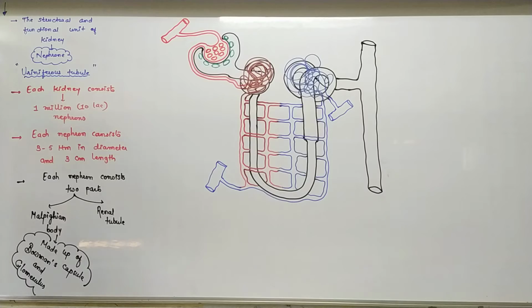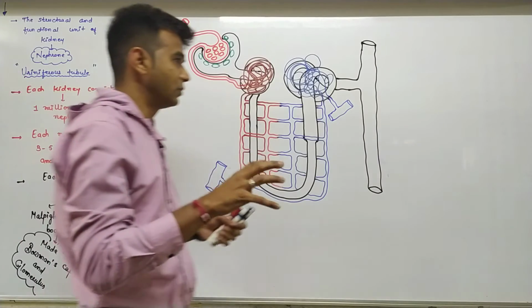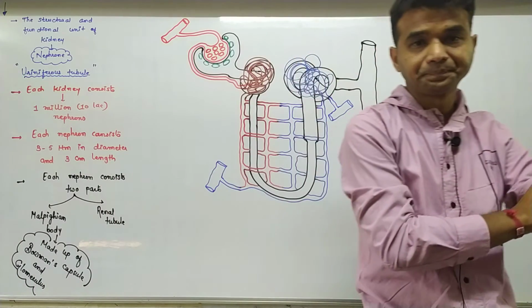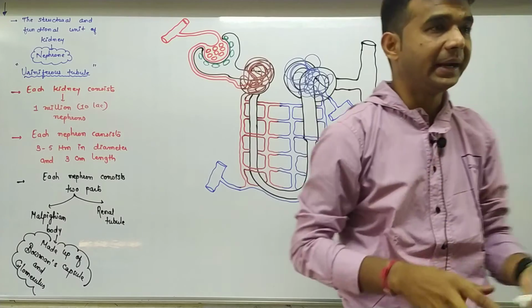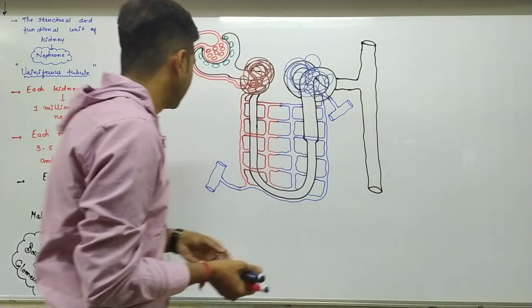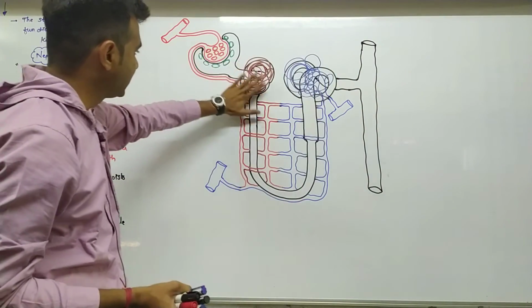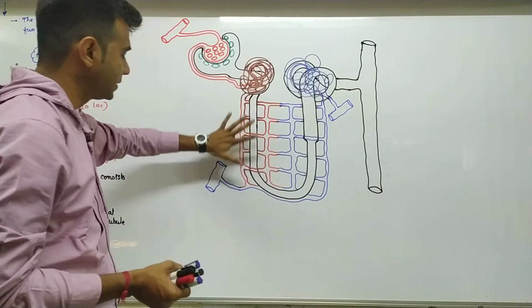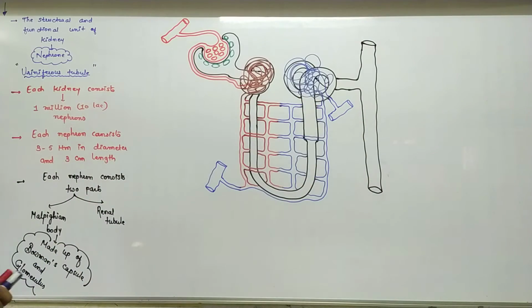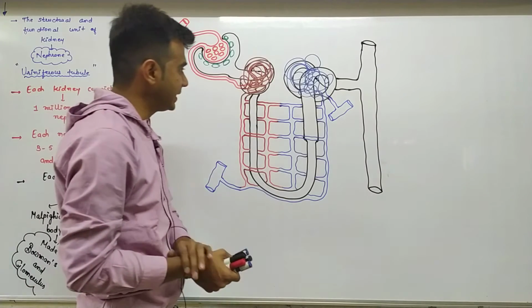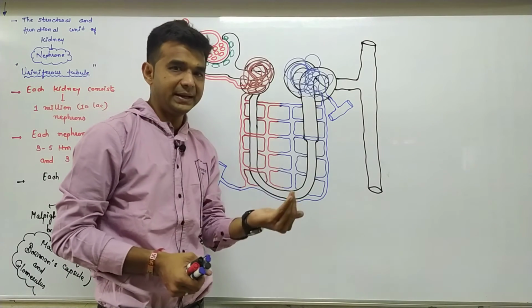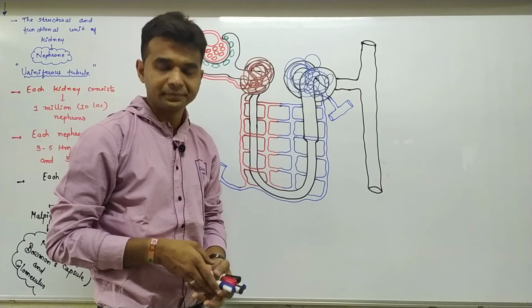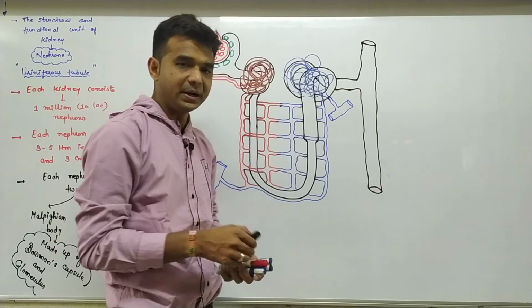Okay, so now I can complete the whole diagram and label it right now. Actually, the black portion at the beginning of this diagram is known as the nephron. And with each and every nephron, a vein and an artery are connected. Now I can label it.